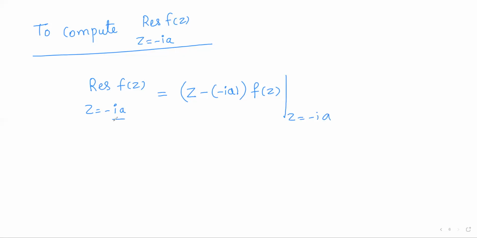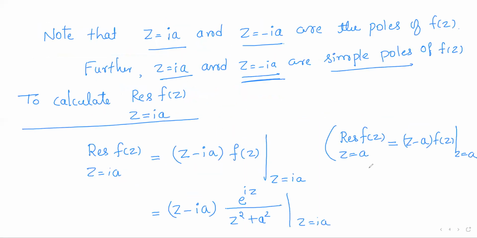So just in place of a, we have minus ia. Just refer to the formula.